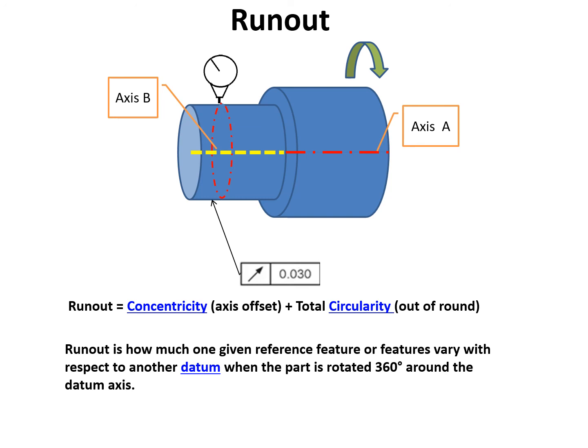This is the equation for runout. Runout is how much a given reference feature varies with respect to another datum when the part is rotated 360 degrees around the datum axis.